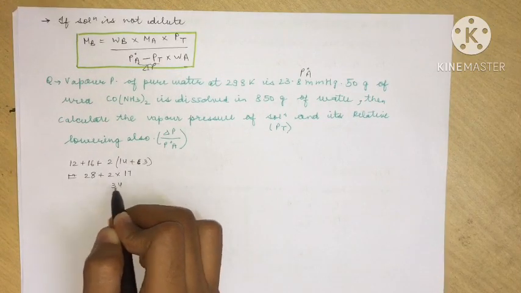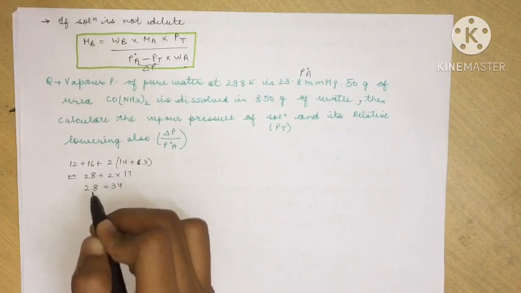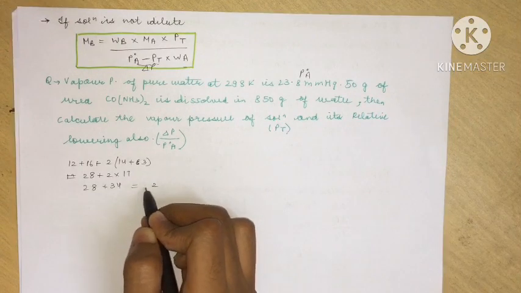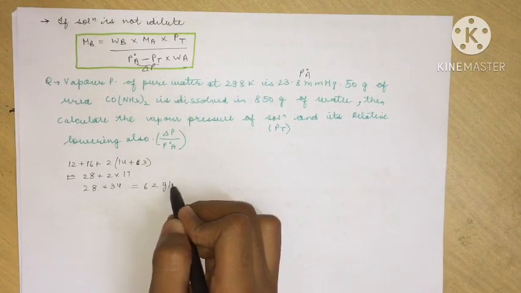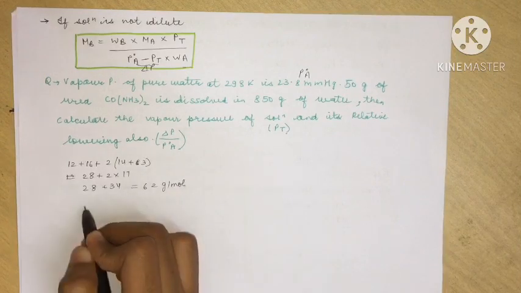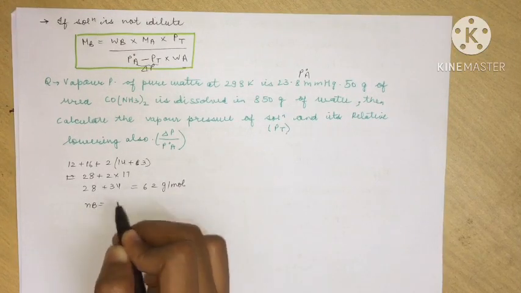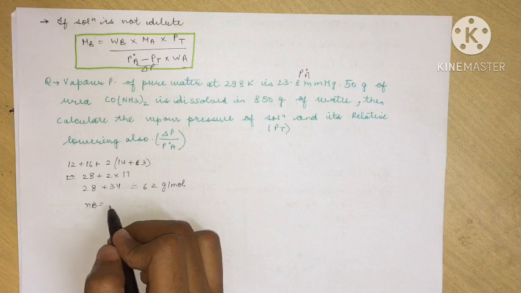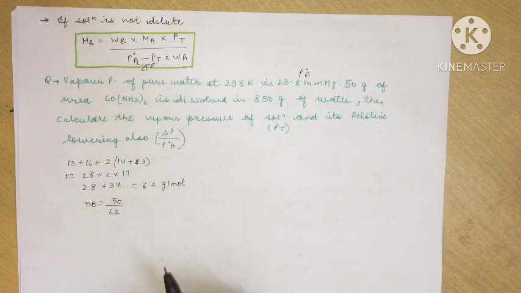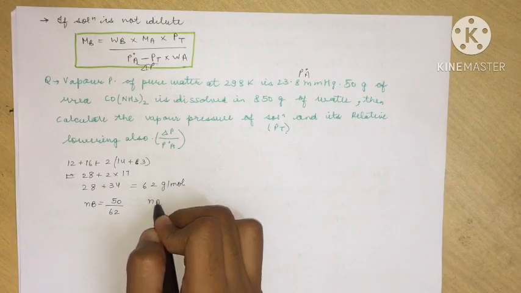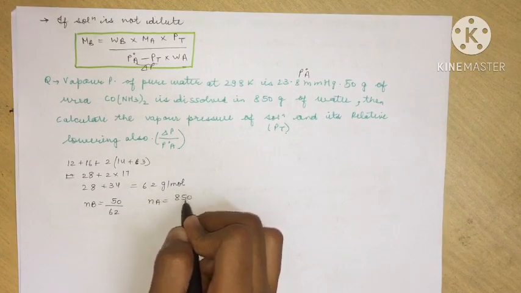This is 34 plus 28. It will be 62. So 62 gram per mole is the molar mass of urea. Now we will calculate Nb. Nb is given mass, that is 50 gram upon 62. Similarly Na will be equal to 850 gram upon 18.